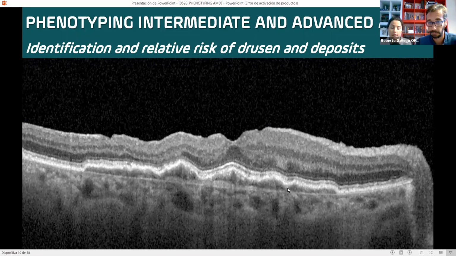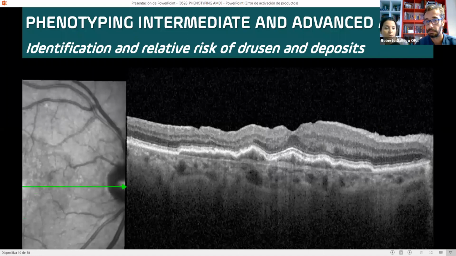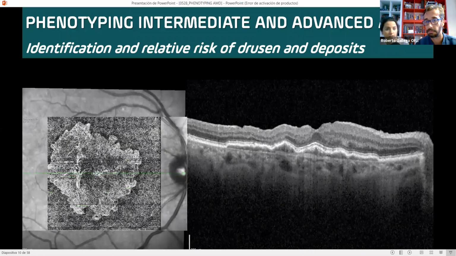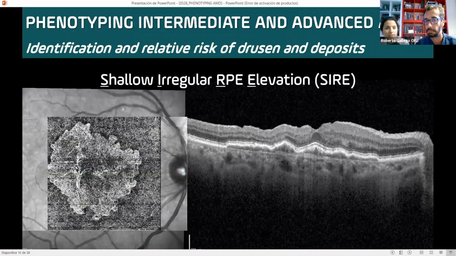And I see irregularity of this detachment, but I don't see any exudation or exudative changes. Is there a name for that? Yeah, it's shallow irregular elevation. So it is kind of a consensus in calling this.